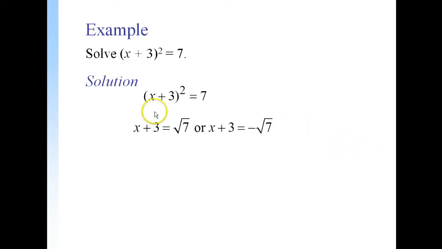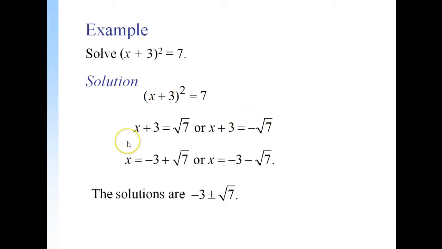So they're taking the square root of this side, getting this, and then the square root of the 7 using both the plus and the minus, and then finally transposing the positive 3 to the other side. So I think my way may be a little bit more useful for you, and the answer is there.